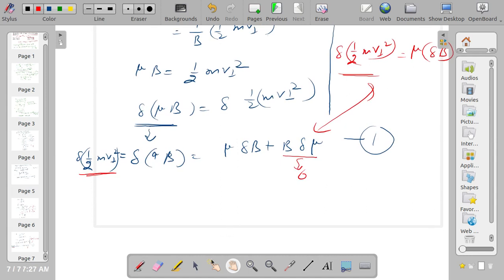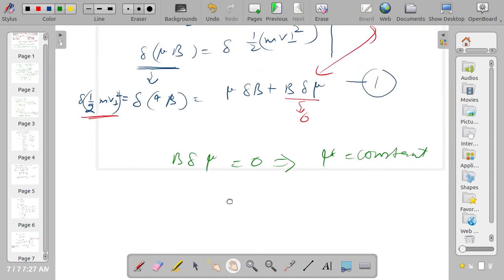So for this to be true, I substitute this B change in mu equal to 0, which implies mu must be constant. So the magnetic moment will remain constant for a slowly varying magnetic field. So it is an adiabatically invariant quantity.